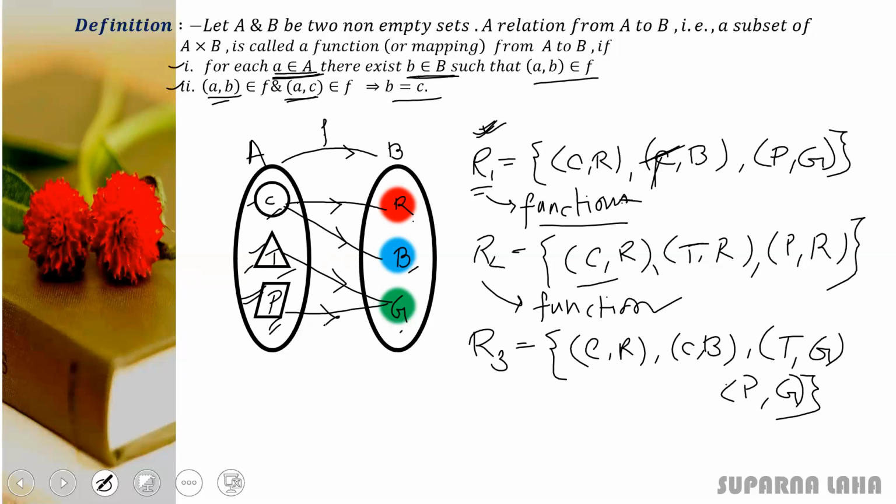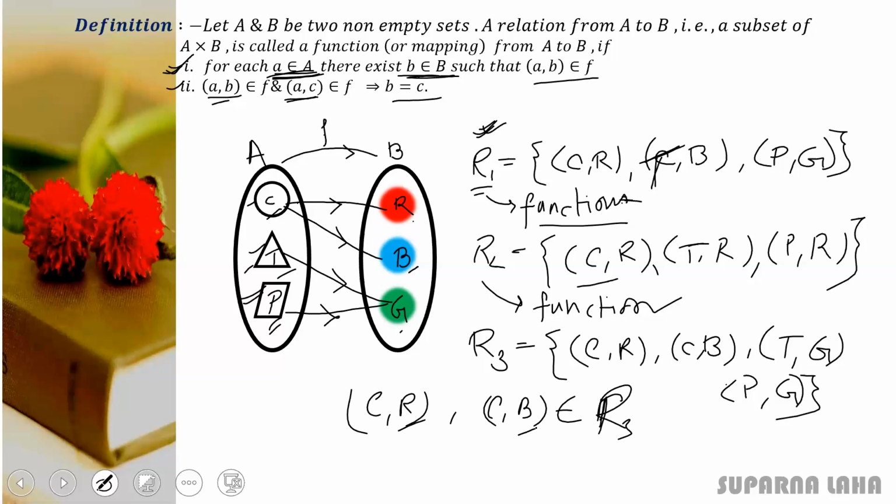Now look at here. Every element a has an image. That's true, so the first condition holds. Moving to the second condition: if (a, b) and (a, c) are present, then b is equal to c. Now (C, R) and (C, B) are present in R3, right? But look at that.